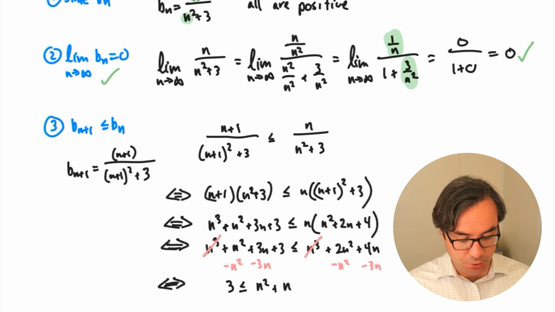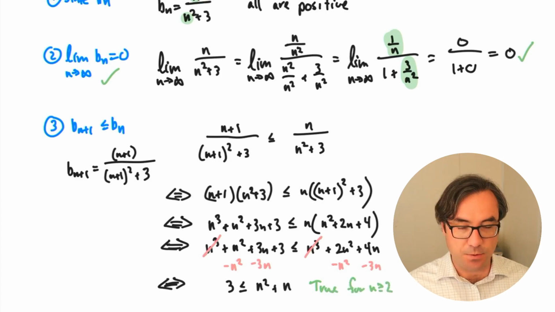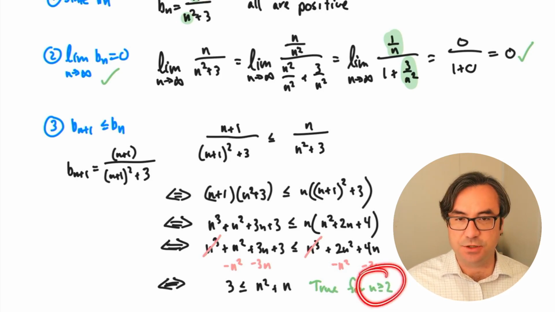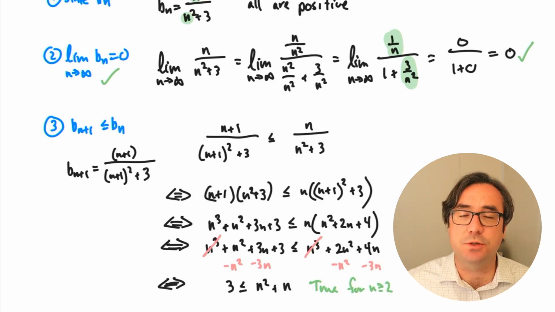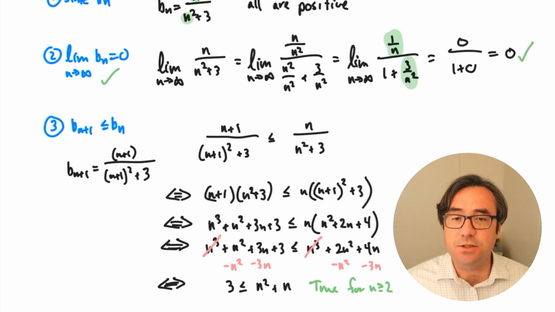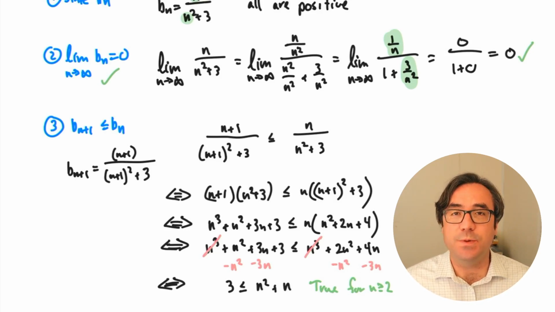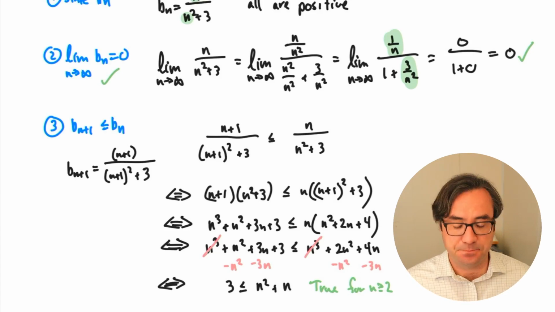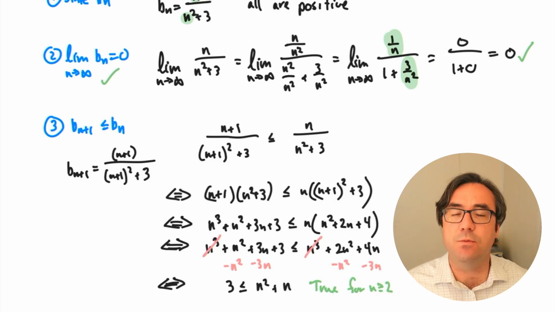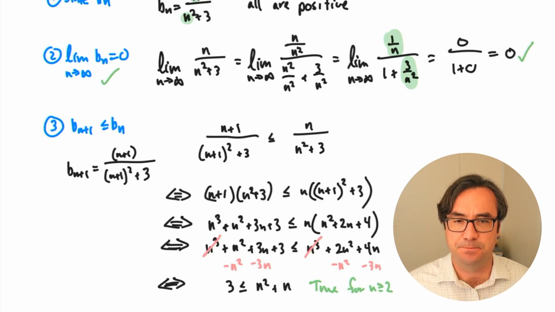So this is true for n greater than or equal to 2. And so as long as it's eventually true, it's okay if there's a few terms towards the beginning where the inequality doesn't work, but it should work once we hit a certain point and from then on. So in this case, it's okay once we hit n equals 2. Then it's true from then on.